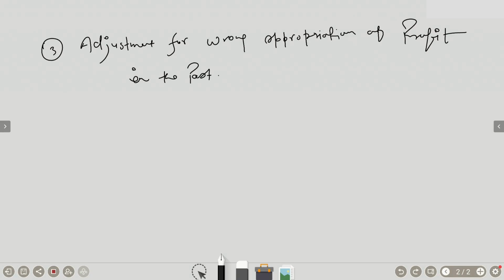you all know a basic thing: nowadays accounting is done by computer software, but a few years back accounting was done manually. So a lot of mistakes were made by the accountants or the CAs.